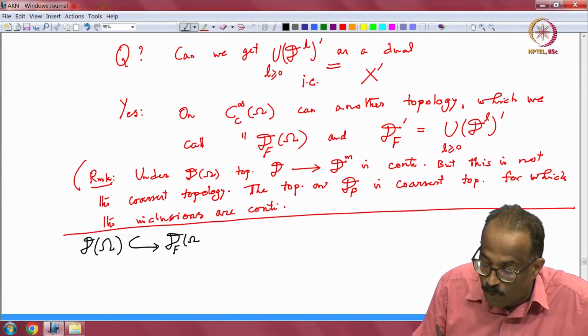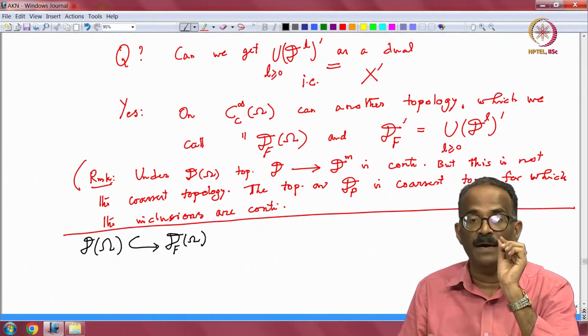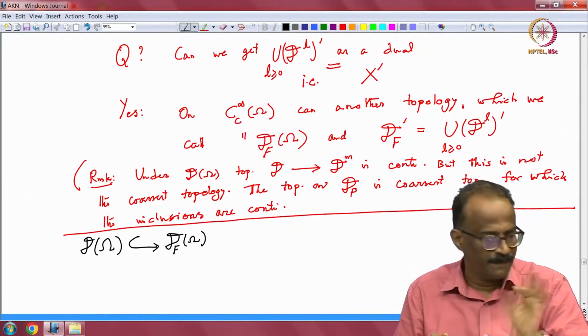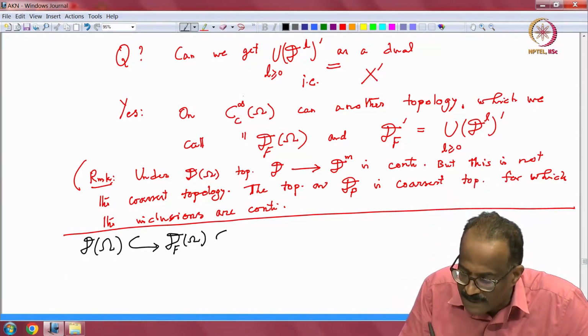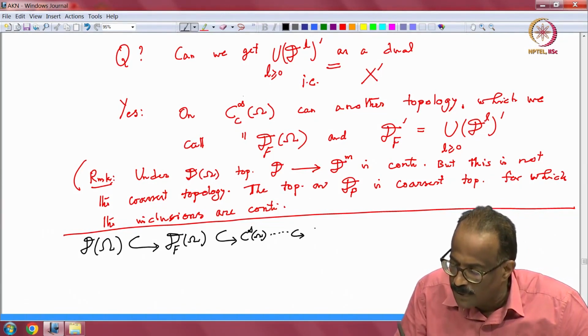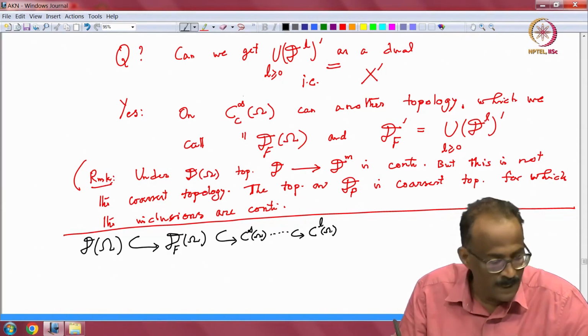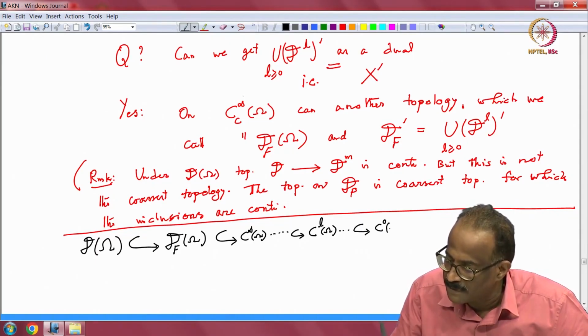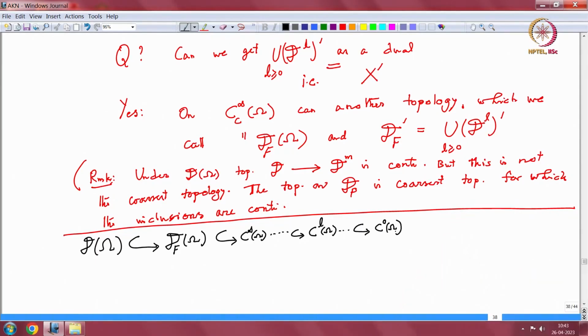Note that both D omega and D_F of omega are subsets of C infinity of omega, but the topologies are different. So, this is contained in C infinity of omega. You have all these inclusions. At this stage you have your C^L of omega, and if you go further, you reach the continuous functions.